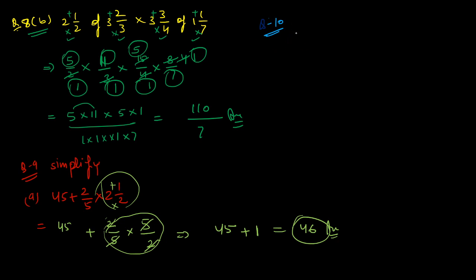Now Mrs. Bhatra has a plot of land. She planted vegetables on 2 by 3 of the land. So write land on which vegetables are planted is equal to 2 by 3. 6 upon 7 of the vegetables planted are green vegetables.